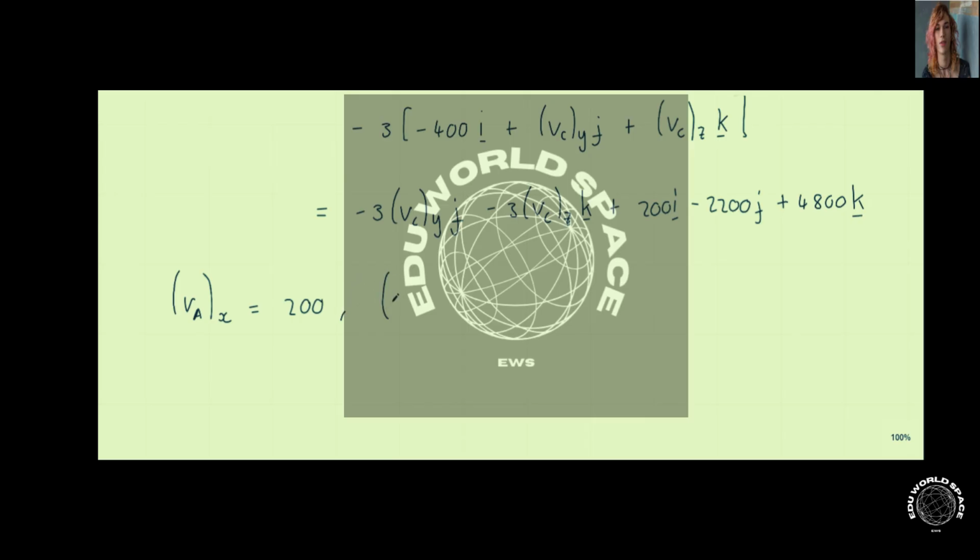From the j components we get that VA y is equal to minus 3 times the y component of VC minus 2200. And finally, the z component of VA is equal to minus 3 times the z component of VC plus 4800.